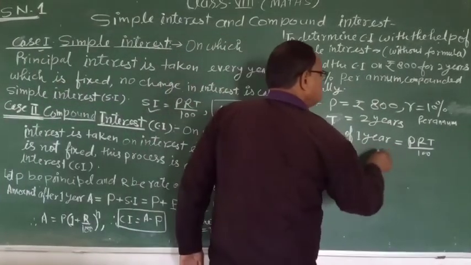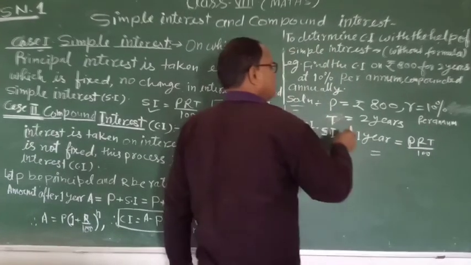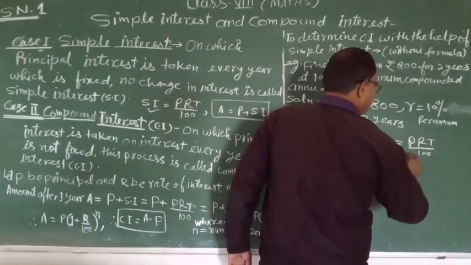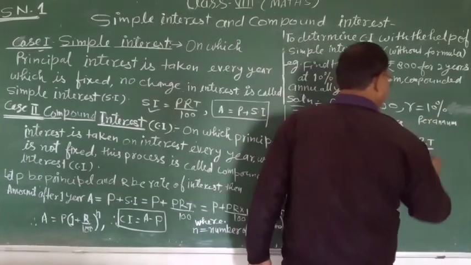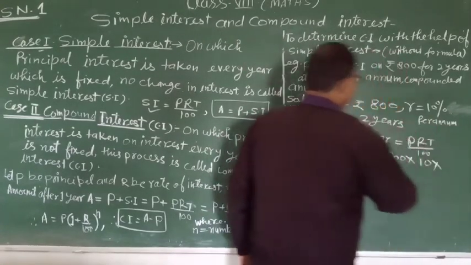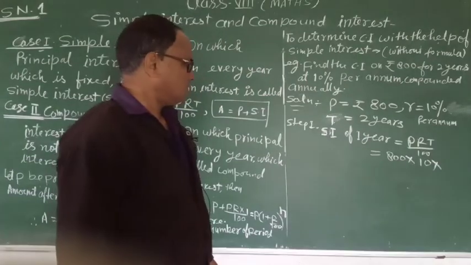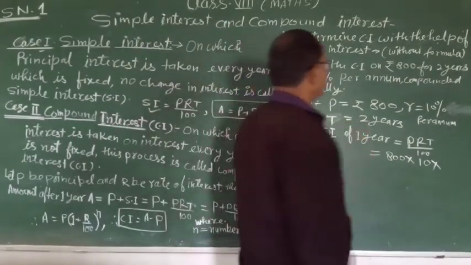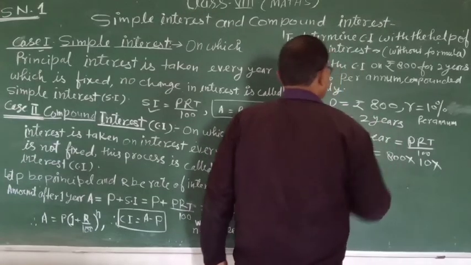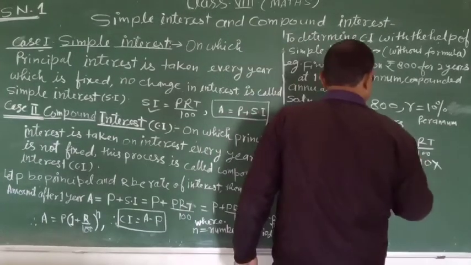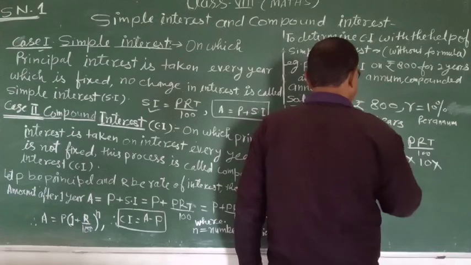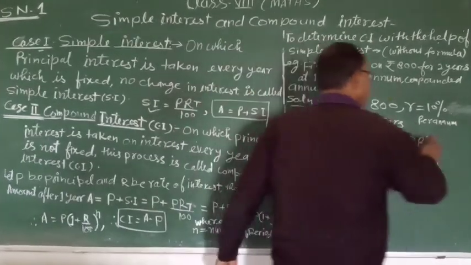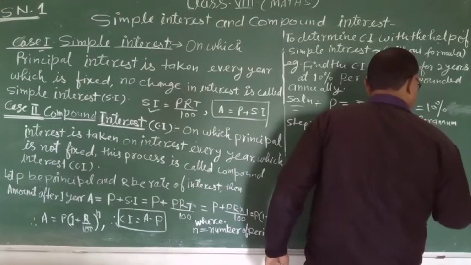Here the value of P is equal to 800 into rate of percent 10 into time T. We write here time simple interest of 1 year, write here 1 to 1.